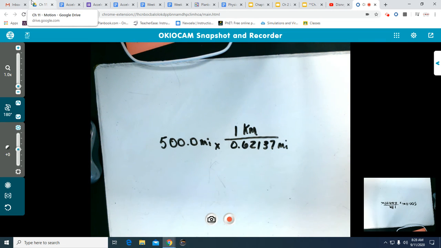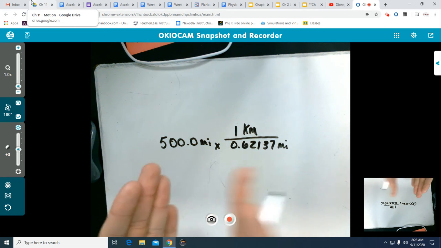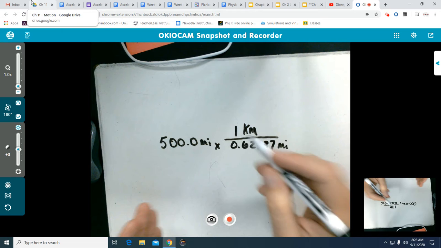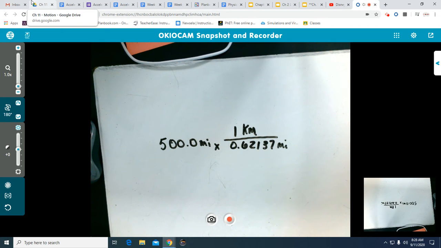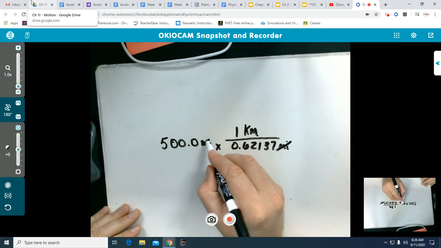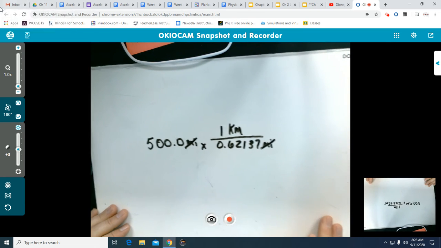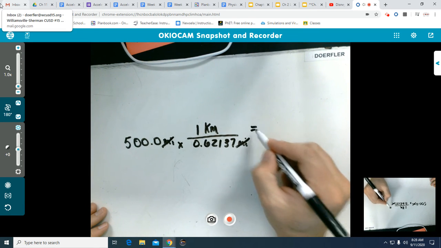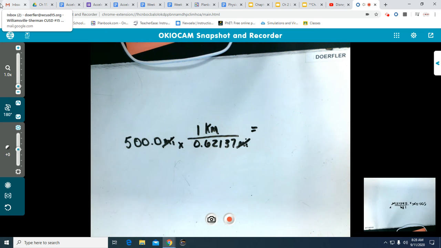Okay. Now, looking at what I've got set up so far, do I need to do any other converting, or have I arrived at what I need? I've arrived at what I need. And by setting it up this way, my units of miles can cross-cancel. So if you have your calculator out, I would like you to calculate this.